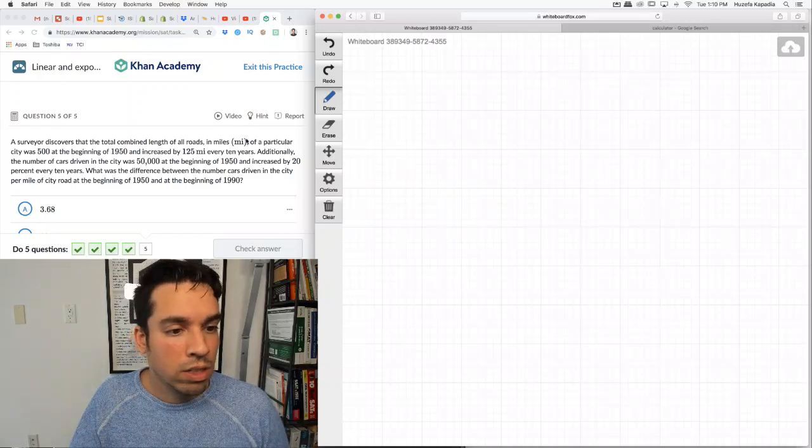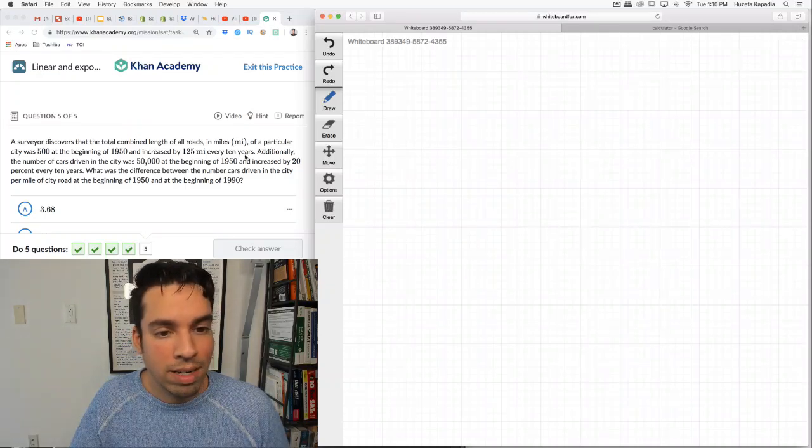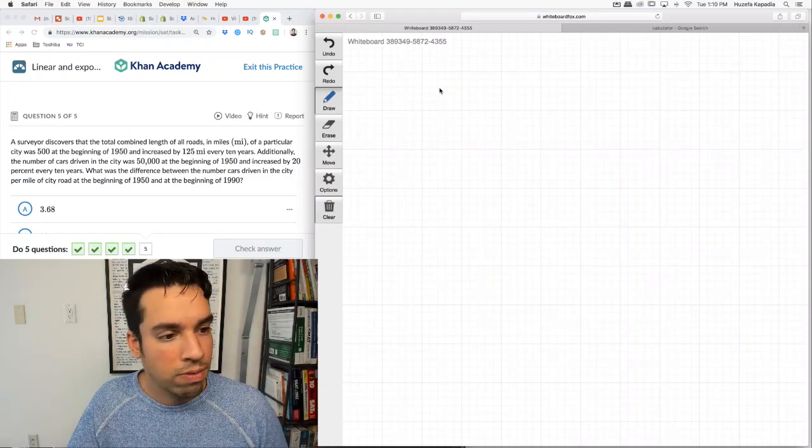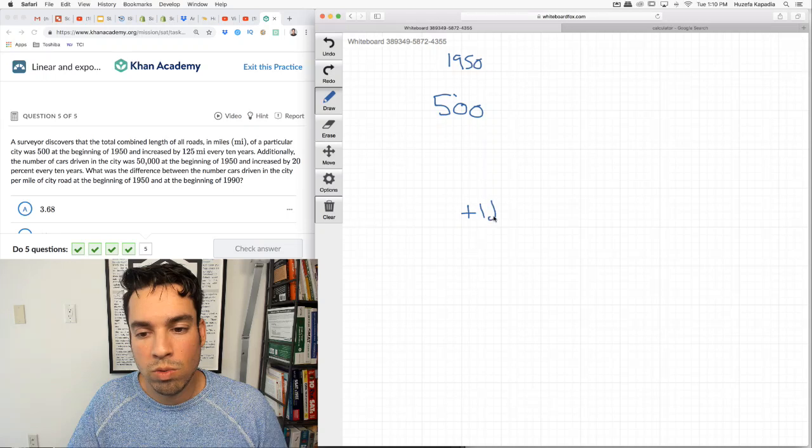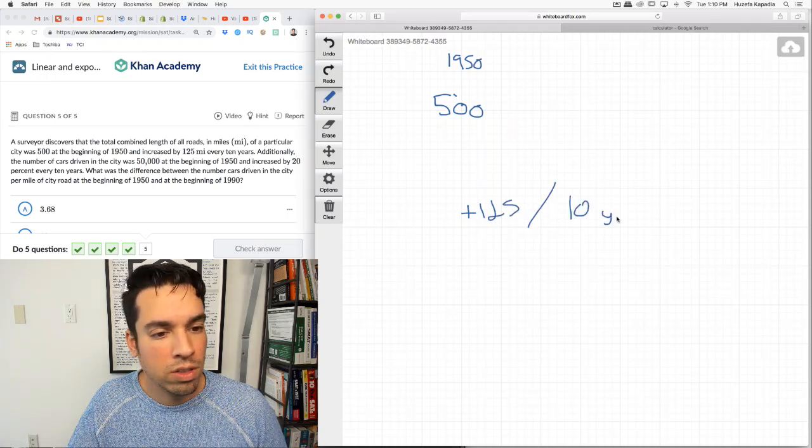A surveyor discovers that the total combined lengths of all roads in miles of a particular city was 500 at the beginning of 1950 and increased 125 every 10 years. So plus 125 every 10 years.